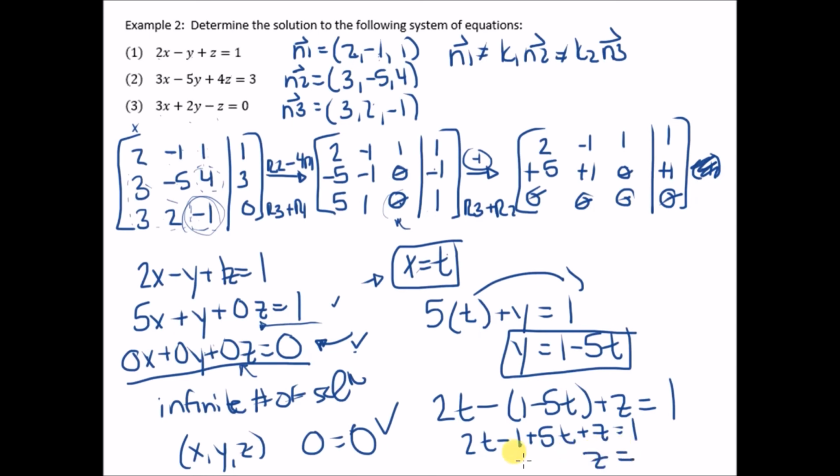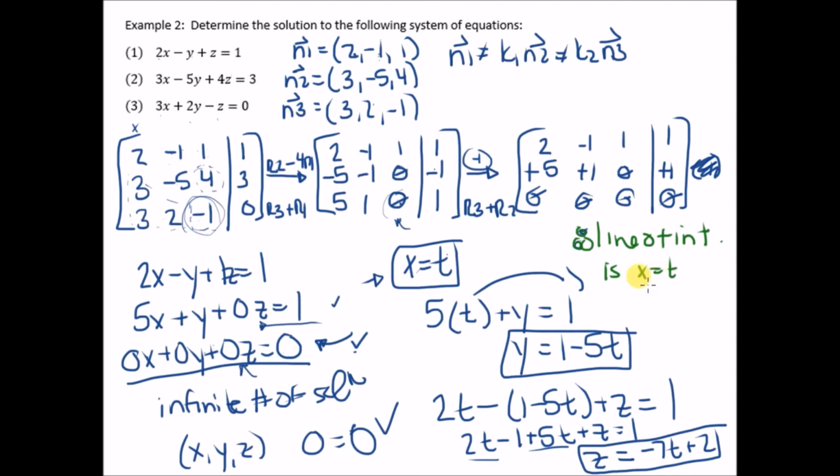Z is going to equal 2t plus 5t is negative 7t on the other side, plus 2. So, therefore, the line of intersection is x equals t, y equals 1 minus 5t, and z equals negative 7t plus 2.